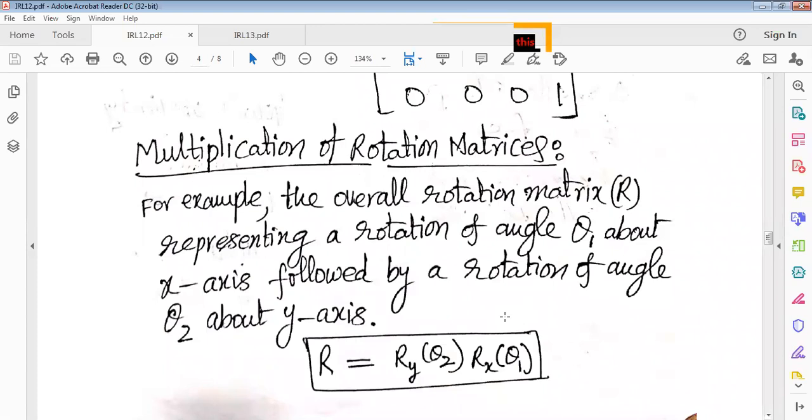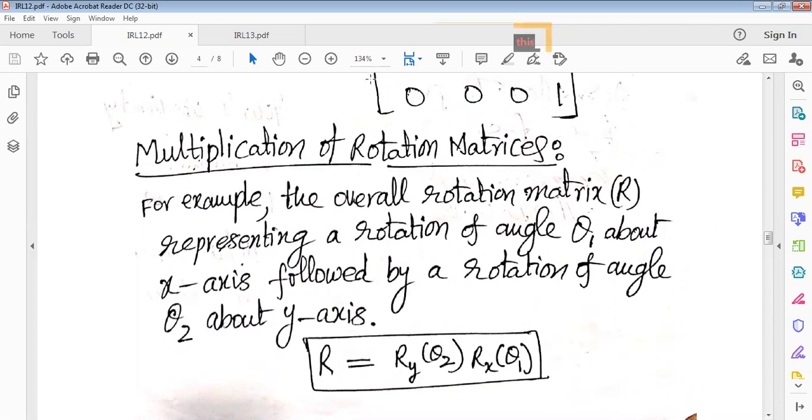So in that case, how to get the overall rotation matrix? When the frame is involved in 2 actions or 3 actions, or 4 actions and so on. Okay, so here let us take an example. How to write the overall rotation matrix?